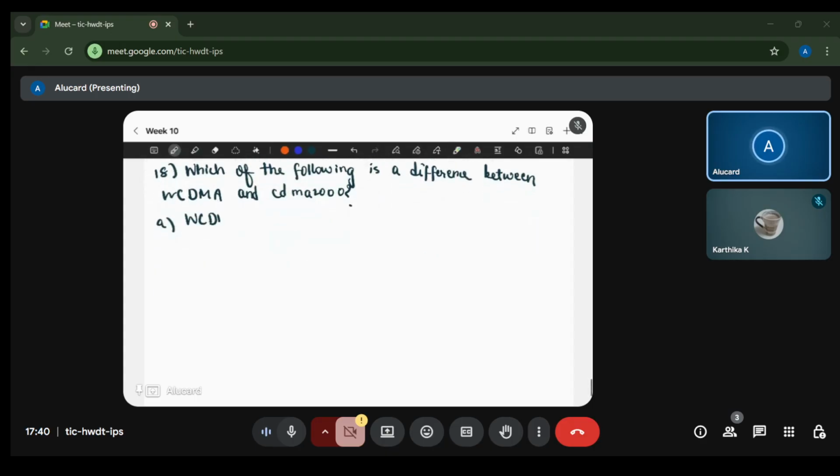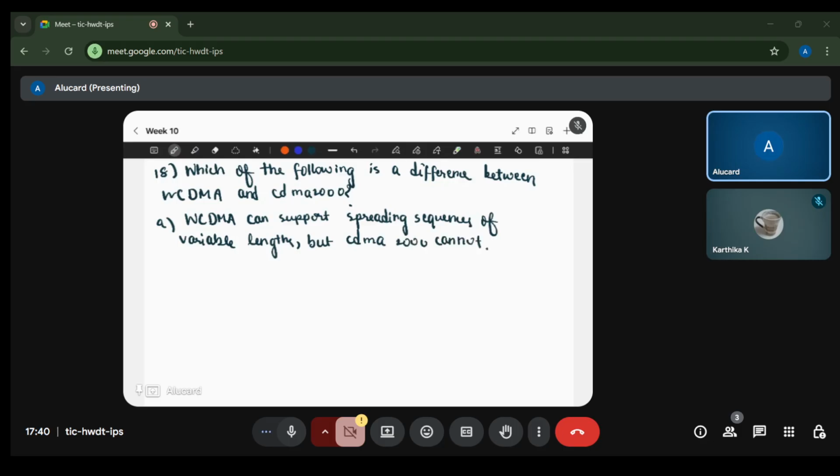Option A is WCDMA can support spreading sequences of variable lengths, but CDMA 2000 cannot. That's true. That is a difference.